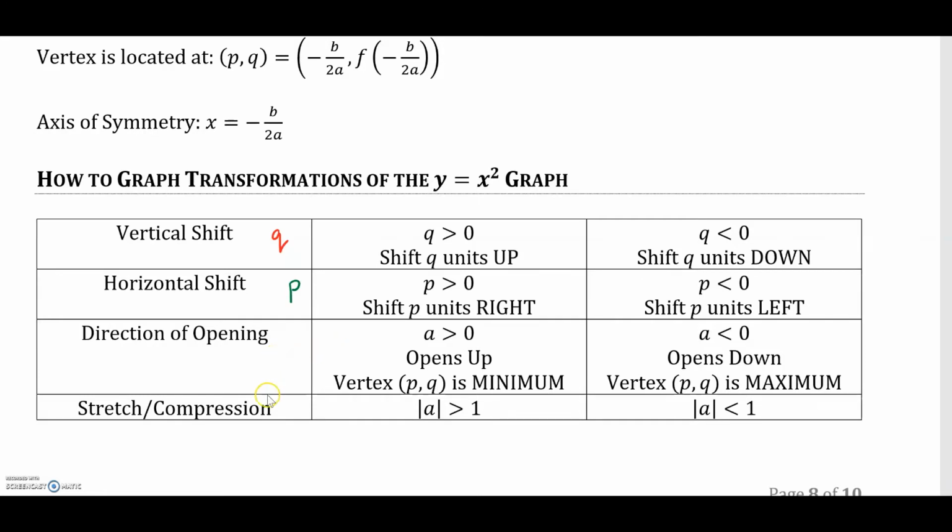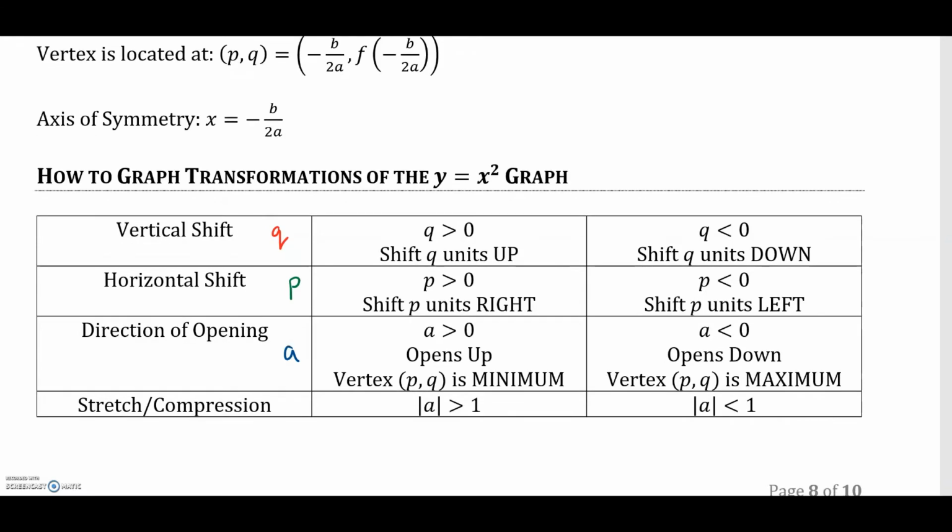The direction of opening is given by variable a. If a is positive, then the parabola opens up and the vertex is a minimum, and if a is negative, then the parabola opens down and the vertex is a maximum. The magnitude of a, which is a in absolute value, indicates whether or not we have a stretch or a compression.